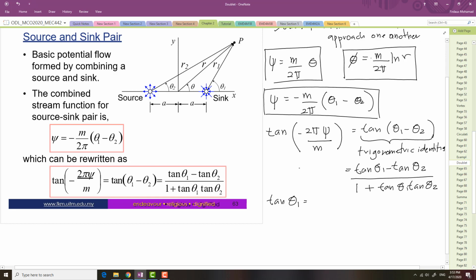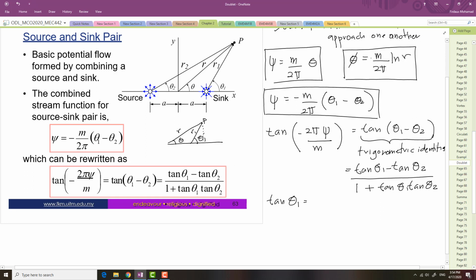To get tangent theta 1 from this figure, this is P, this is theta, this is R, this is R1, and then theta 1. So tangent theta 1 equals this line.